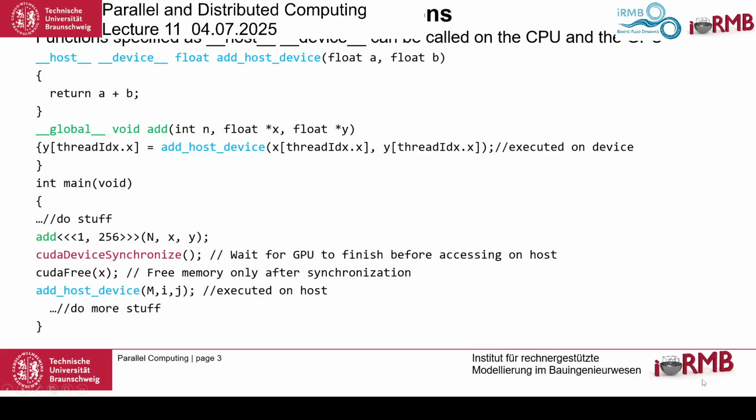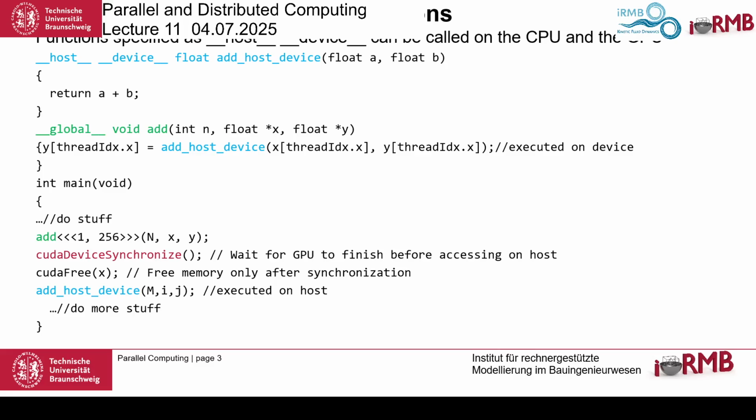By indicating here, where you have this keyword device, you can also add a keyword host. So you can define a host device function. If you don't write device here, then it will assume that it is a host function. You can also write host function, but this is kind of redundant.